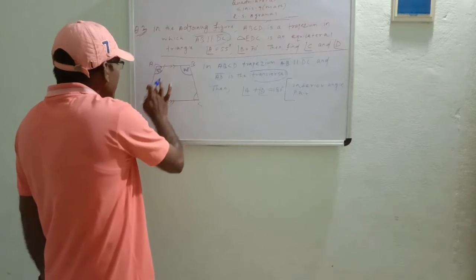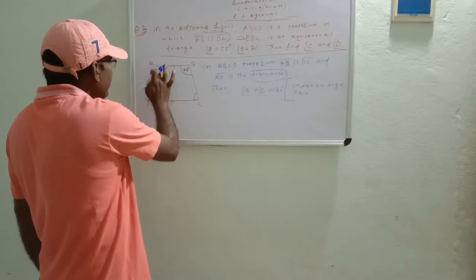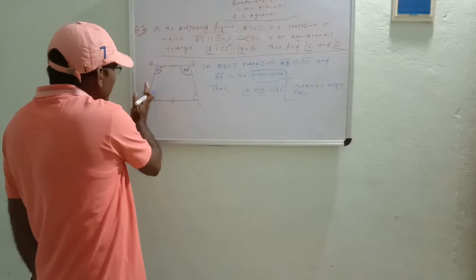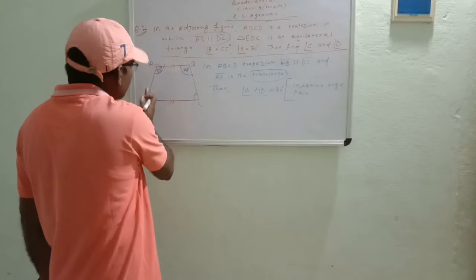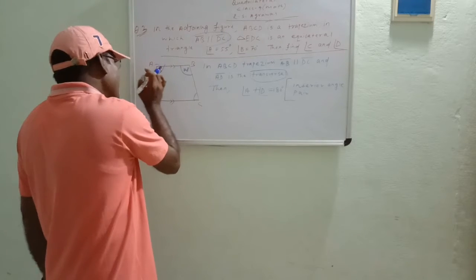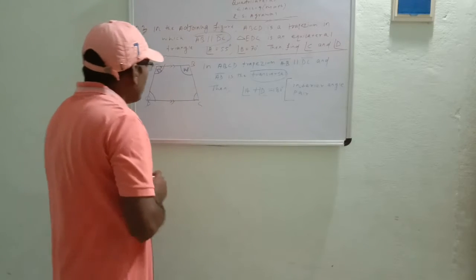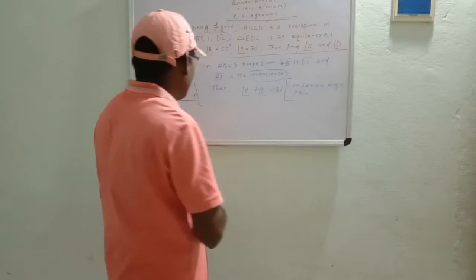These two angles are called the interior angles on the same side of the transversal, as AB is parallel to DC and AD is the transversal. Therefore, this angle and this angle will be called an interior angle pair.